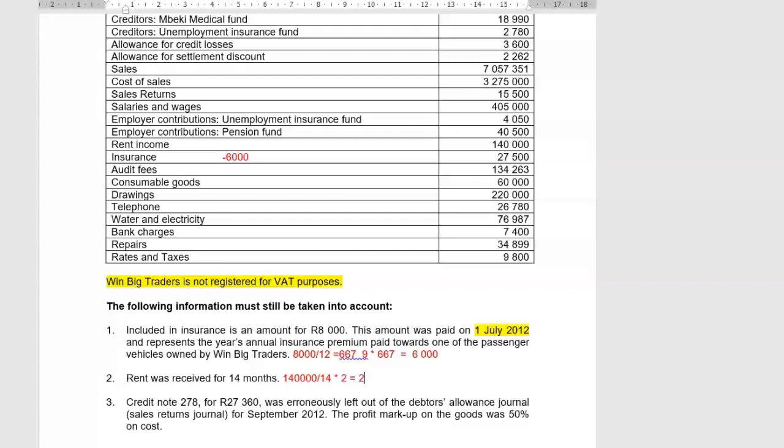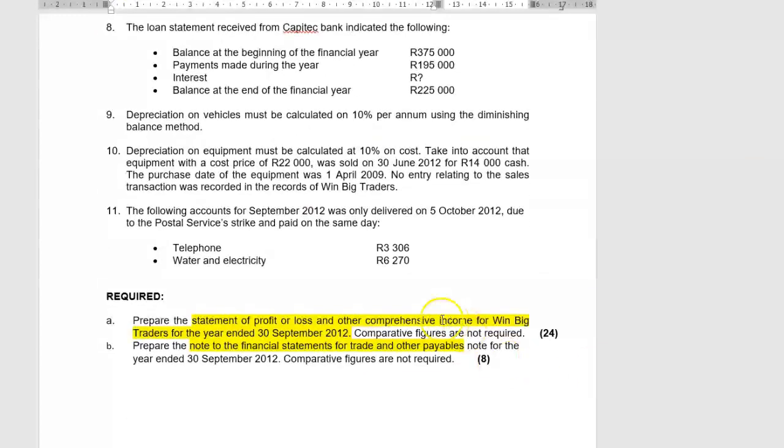And that equals 20,000 Rand. Now that 20,000 Rand, obviously we want to reduce our rent income. So our rent income minus 20,000 Rand, but then we also know that the question in the second part wants us to have trade and other payables.